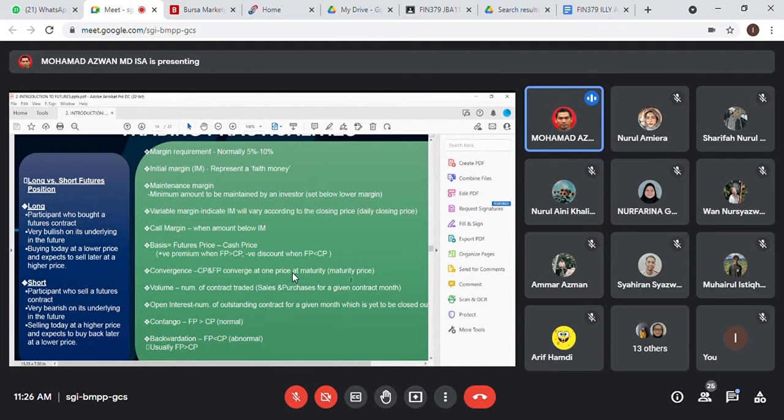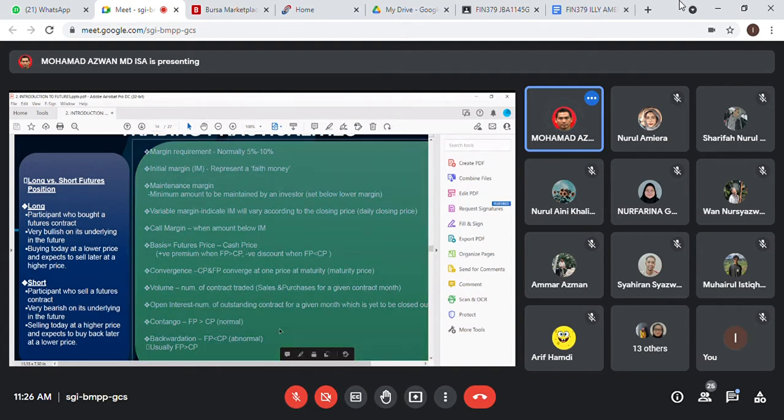So for contract month katakan from that November. Okay. This is called volume lah. Trading volume. So ada 2,000 lah. Trading volume. Okay. Open contract, open interest or position tadi refer to November contract. Yang still not yet close. Okay. So ada soalan tak?